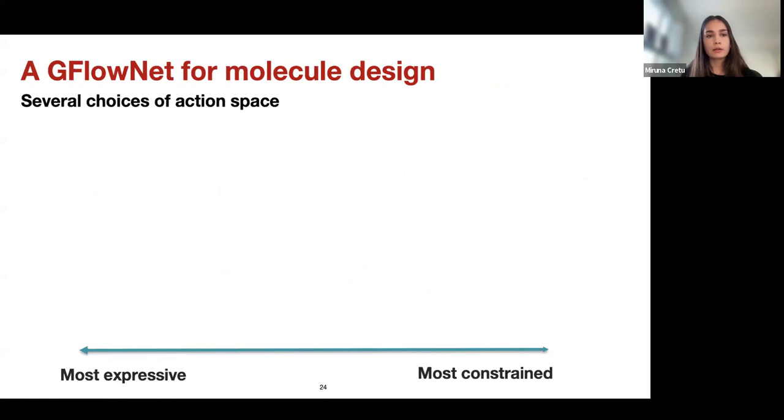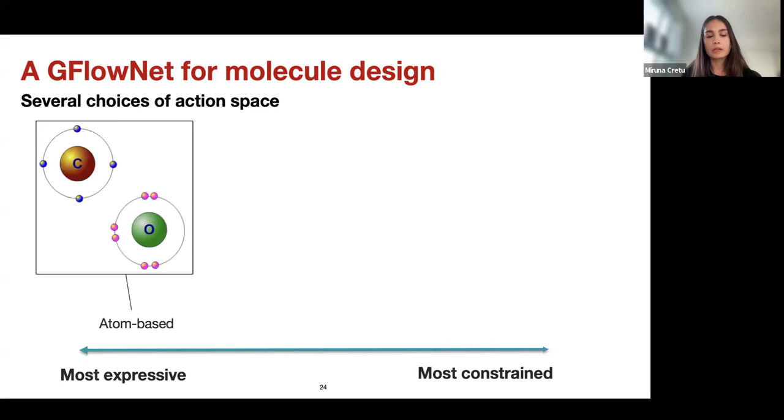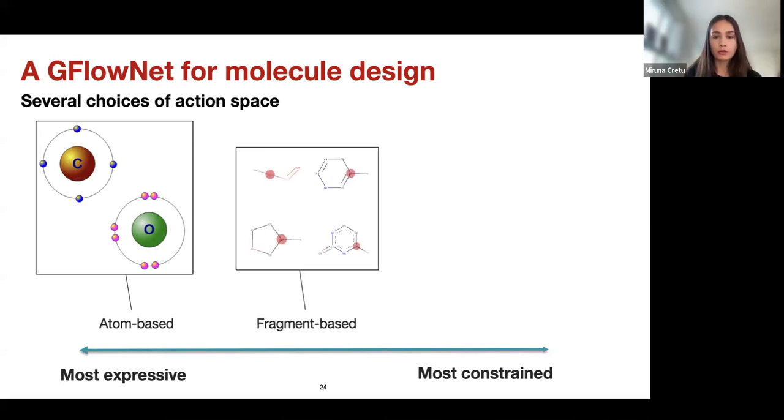So then going back to the drawing board, we can think about molecule generation and molecule design and remind ourselves that there are several choices of action space, ranging from most expressive to most constrained. We can design molecules at an atom level, where we define nodes as atoms and edges as bonds, and we join them together in things like junction trees or in a molecular graph.